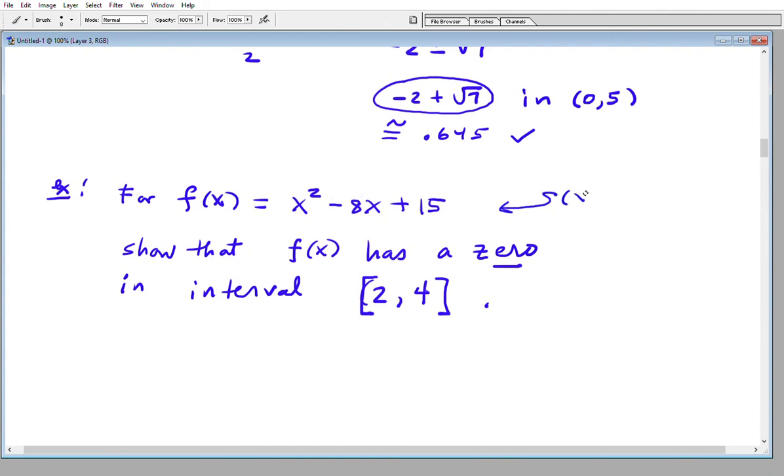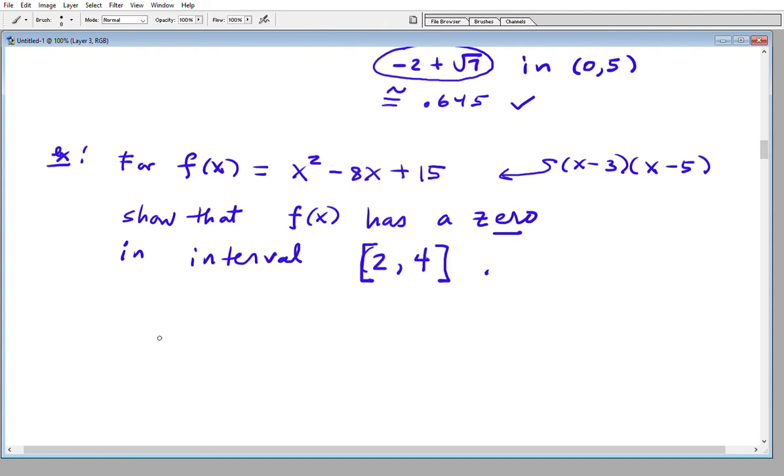This factors as x minus 3, x minus 5. So 3 fits in here. If we just factor it, we say the answer is yes right away. But let's see how we would proceed with the intermediate value theorem. You start by saying f of x is a polynomial, so it's continuous.